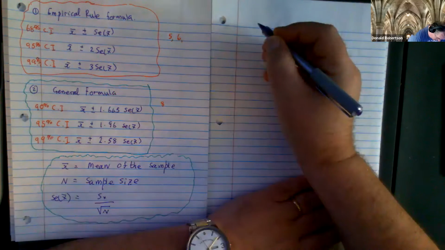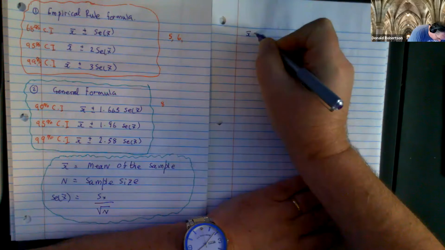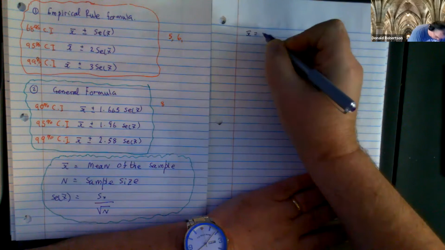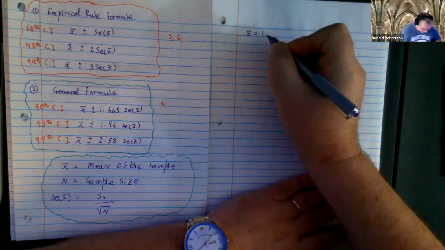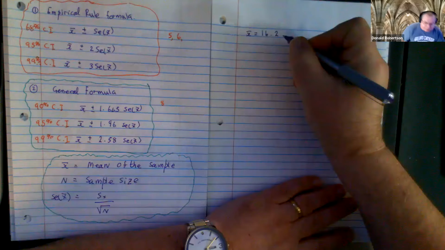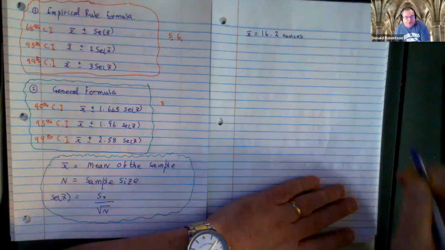So let's suppose we do an empirical rule question. You work for a company that makes bags of, I don't know, cornflakes. They're meant to be 16 ounce bags. So you want to check that out.